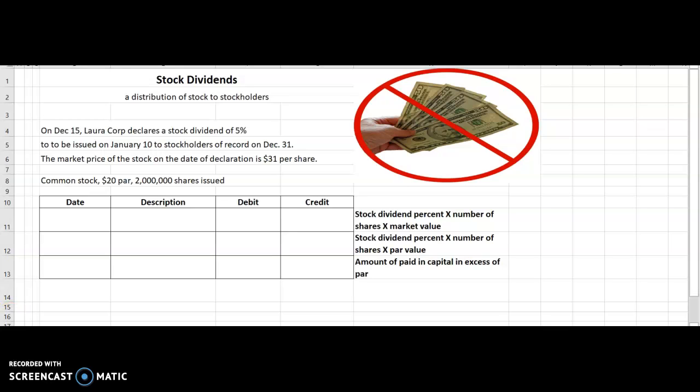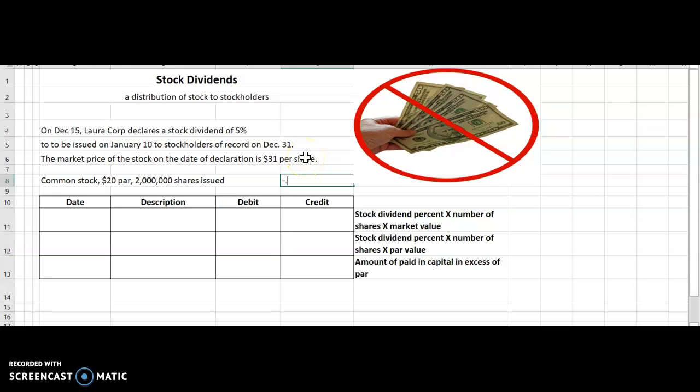On December 15th, Laura Corp declares a stock dividend of 5%. Now, you have learned that when you see a percent, it has to do with a dividend. Here, it has to do with the number of shares they will receive. If you want to figure out how many shares the corporation is giving away, you would take that percent and multiply it by the number of shares that are issued.